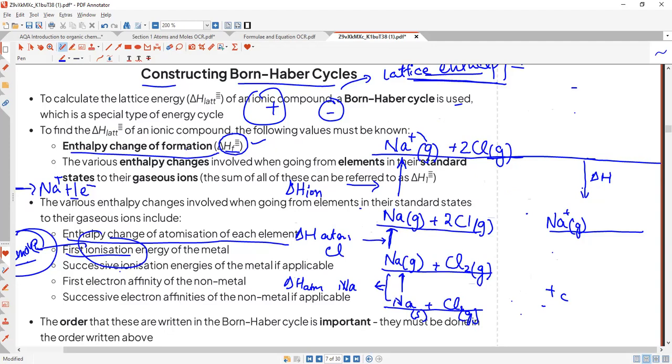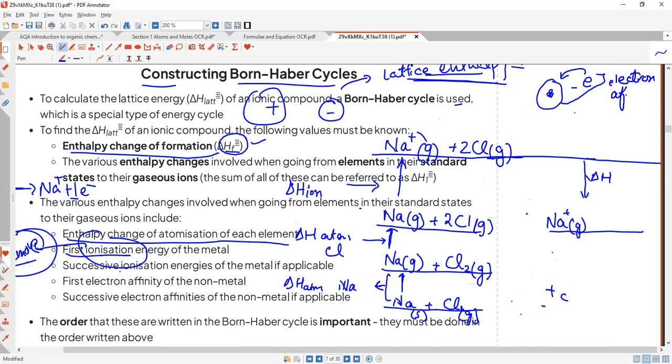When an electron is added to an atom, the energy released is called... Is it atomization? No, that is the conversion of solid to gas. If we want to add an electron to an atom, the energy release is called... It is electron affinity.